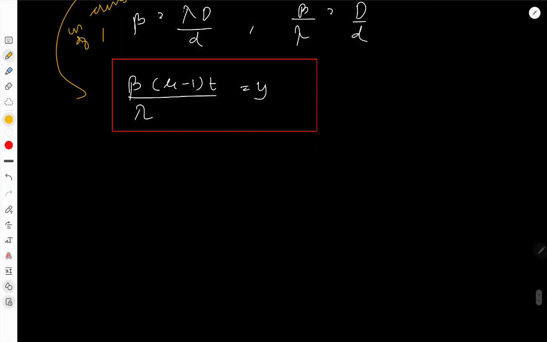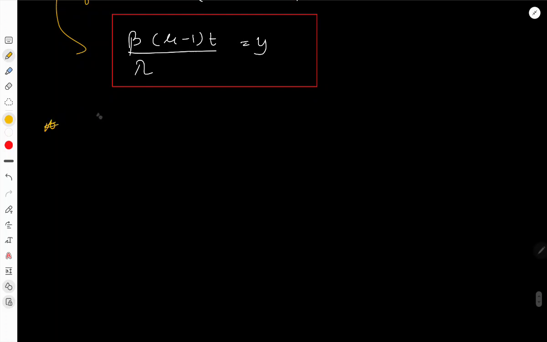So let us move to one last and final concept, that is the number of fringes shifted by the central bright.